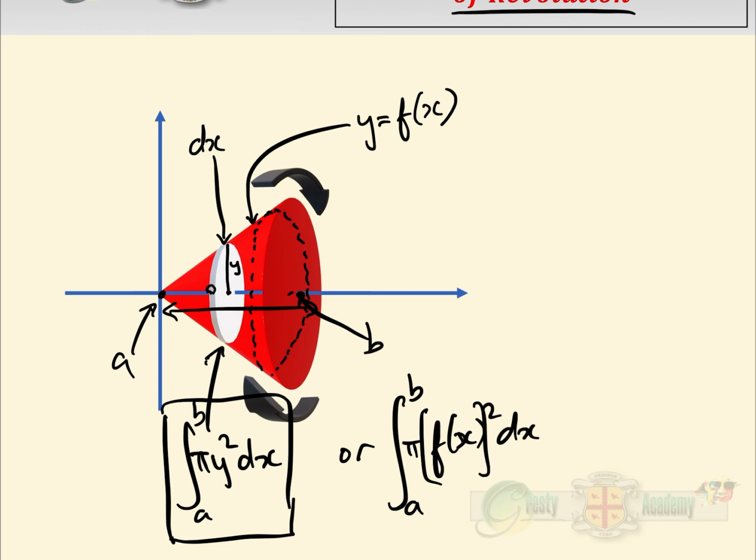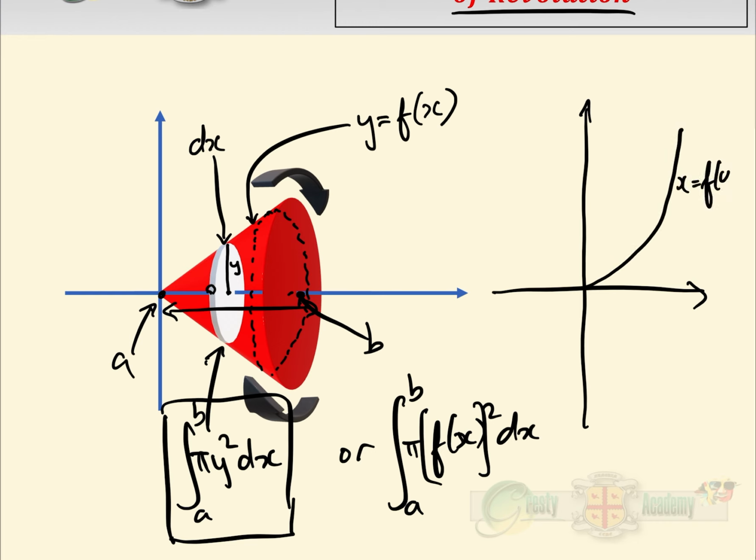Now, just before we carry on, if we were to do it around the y-axis, a lot of people get confused about this, but there's really no need to. Let's say the function is x equals f of y, and we rotate it around the y-axis like that.